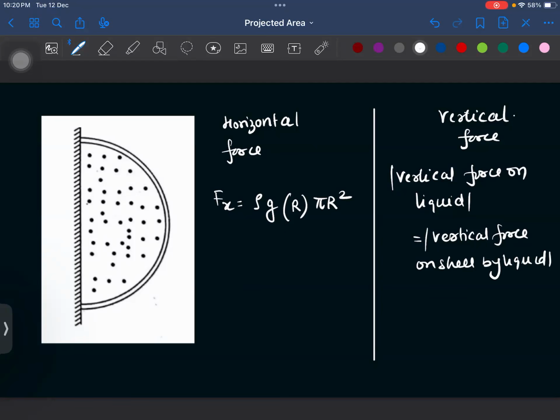So I can correct, in the above, it is on liquid by shell. Now, how much force will be applied on the liquid by the shell? That will be the weight of the liquid. By the way, the above expression is due to the third law of motion. Now, what is the weight of the liquid? That will be, as given in the question, equal to mg.